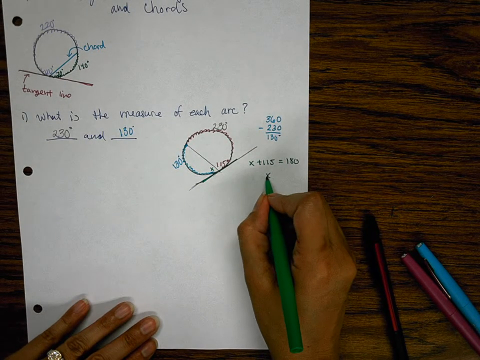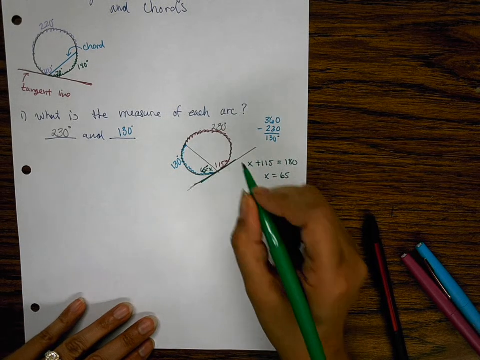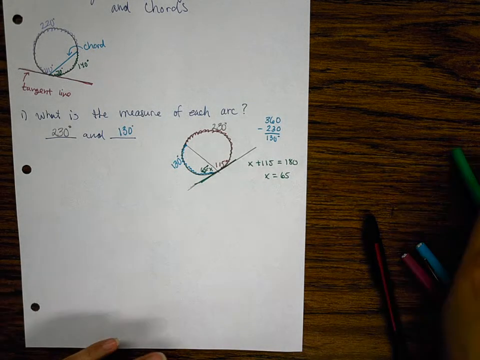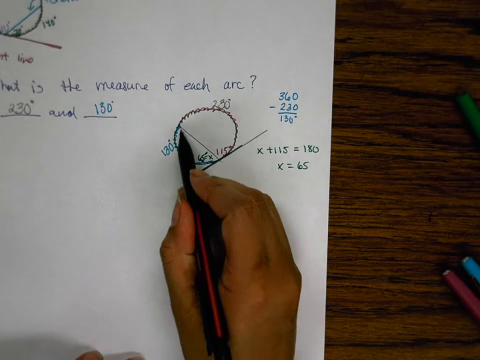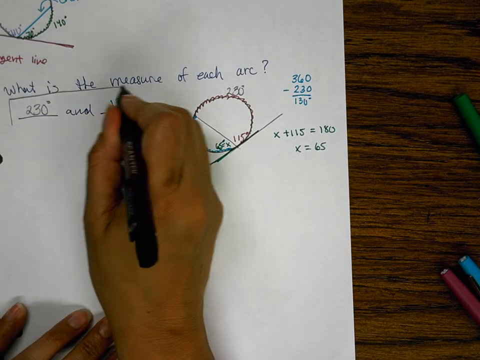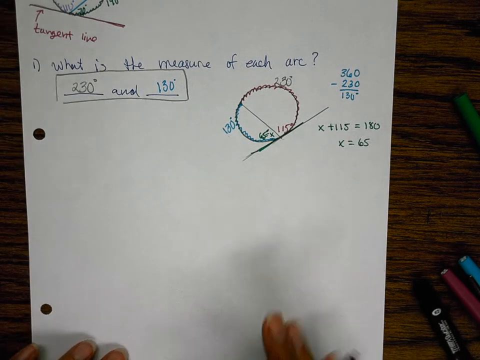Subtract the 115 and x equals 65. So this angle is 65. And that makes sense because 115 plus 65 is 180. But they're asking for the arc, and the arc is twice as big, so 65 times 2 is 130. However you think about it is up to you, as long as you're able to get the answer.